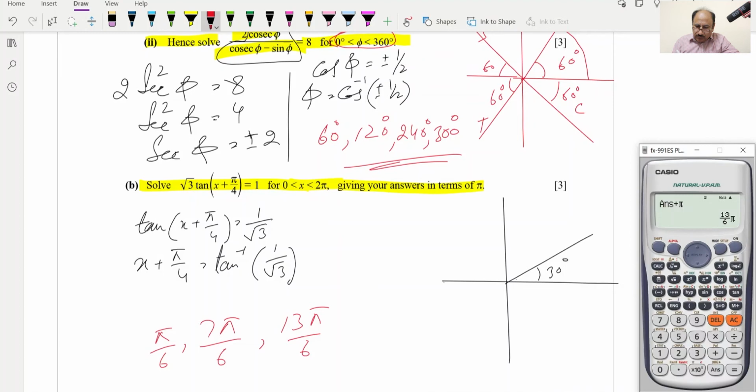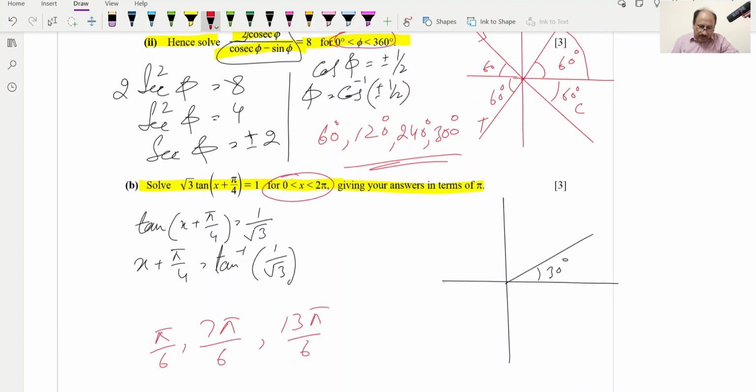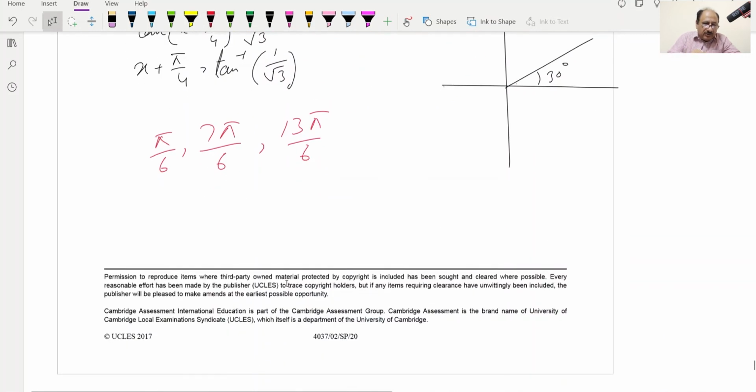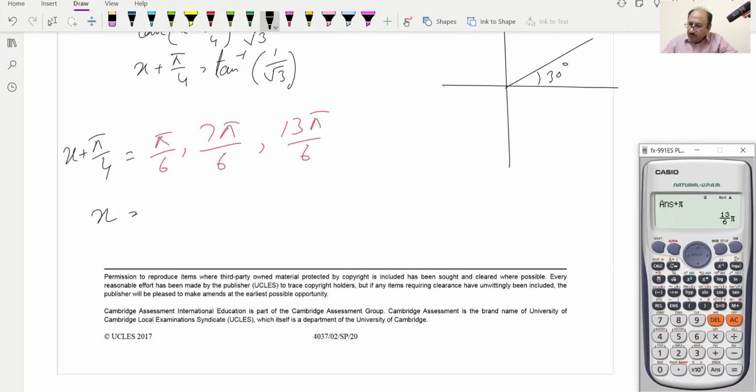Now we can write it like this: this side is equal to x plus pi by 4. And now x will be equal to pi by 6 minus pi by 4.